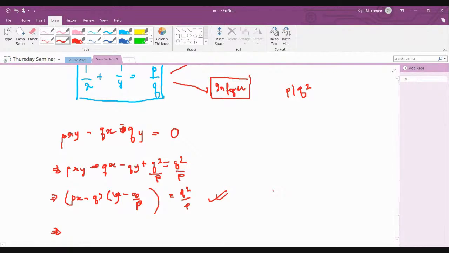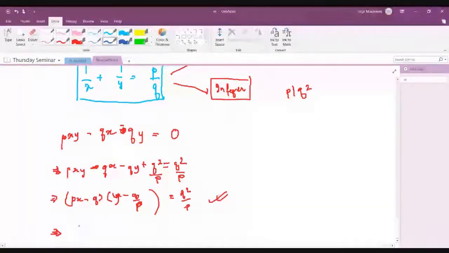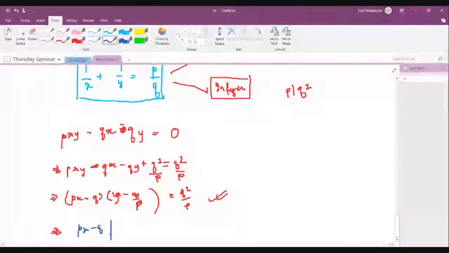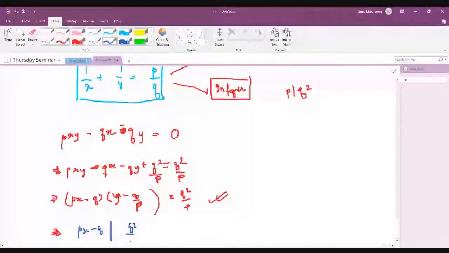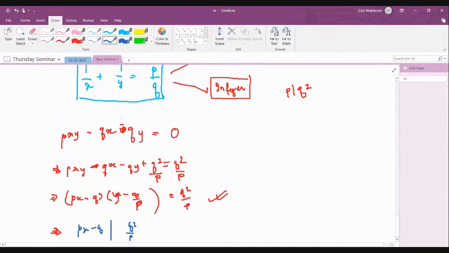Okay, this makes a lot of sense. So we get that px minus q times py minus q equals q squared, and px minus q divides q squared by p, which is an integer.